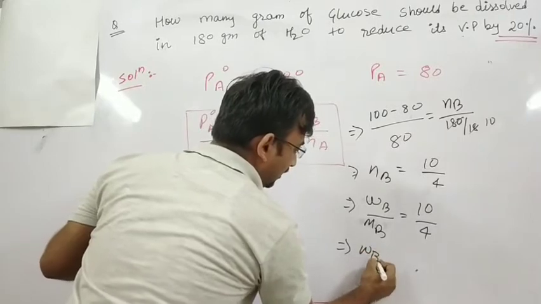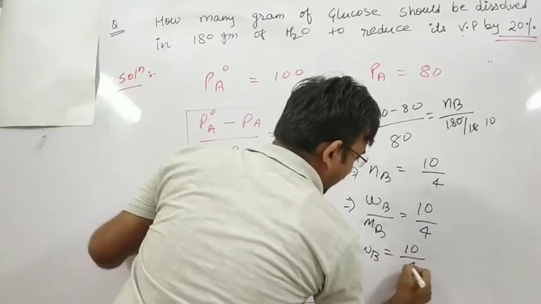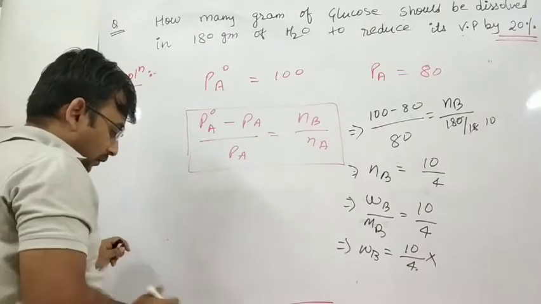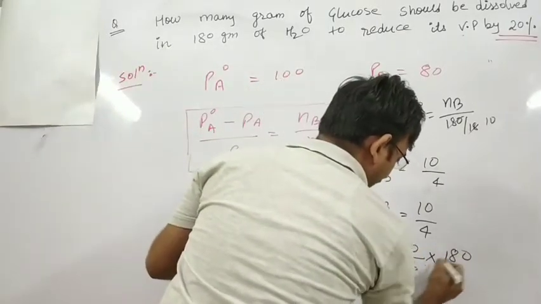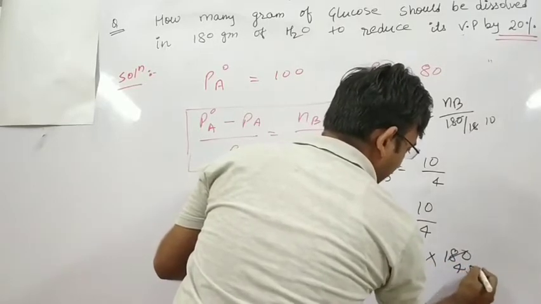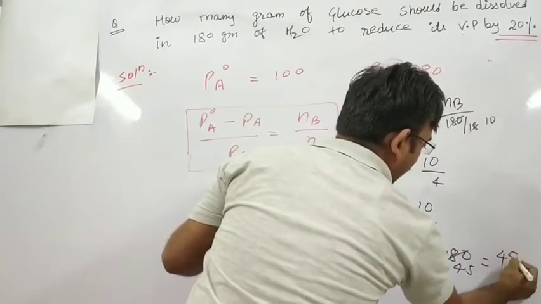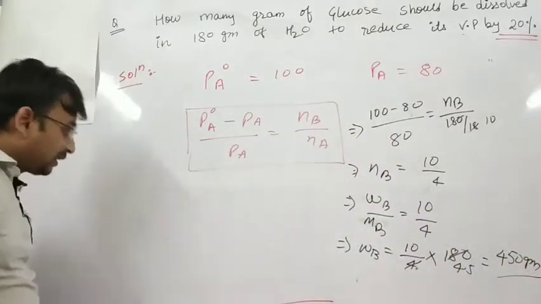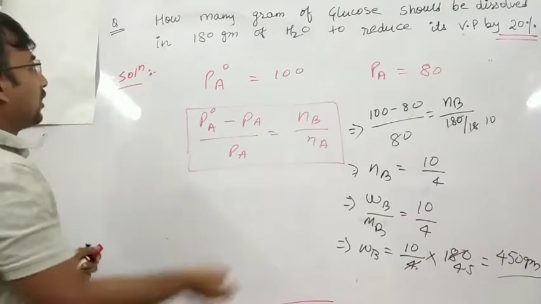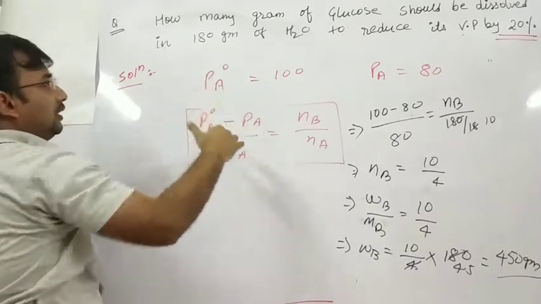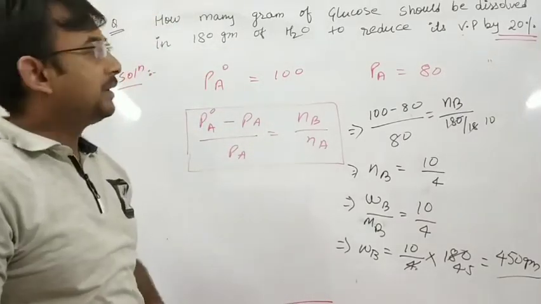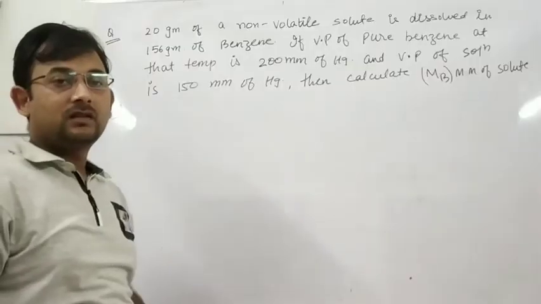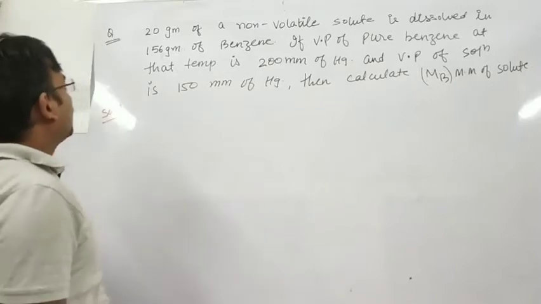So WB is equal to 10 by 4 into 180. If we calculate this, we will get 450 grams. That means if we dissolve 450 grams of glucose in 180 grams of water, the actual vapor pressure will be reduced by 20%. Clear?